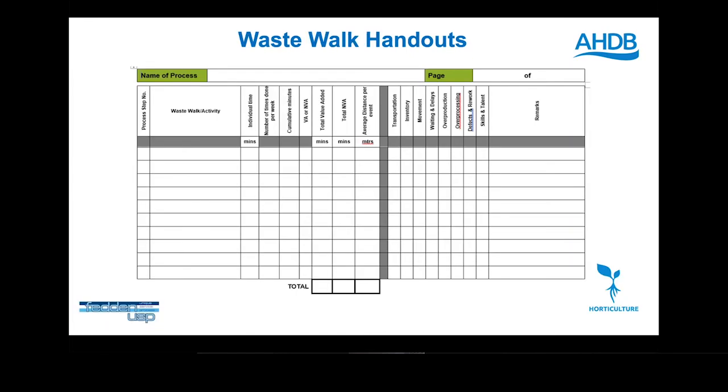We're going to give you some waste walk handouts. So I'm just going to bring up on screen, and I'll show you the template that we're going to give you.